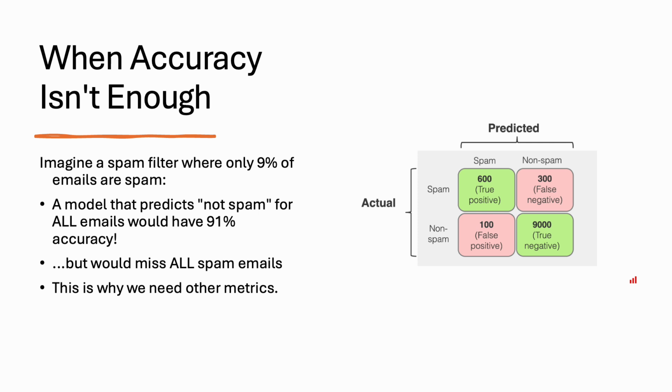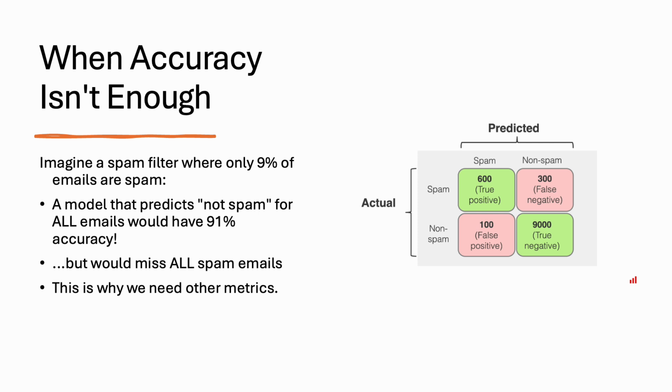Here you can see in the actual numbers, the number of spam mails is very low, only 9%, but the number of non-spam mails is very high, around 91%.